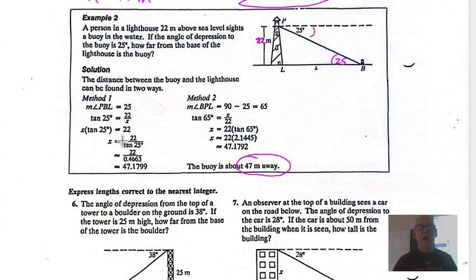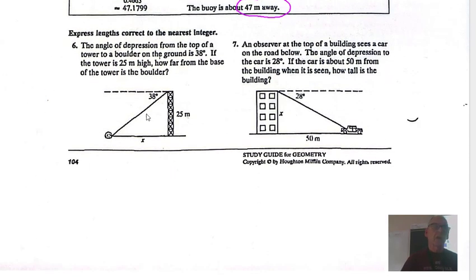You've either got x in the bottom, like with this one, where you multiply by x and then divide by tan 25, or you've got x in the top, which means you just take the bottom number and multiply by the other side, and you get the answer right away. So if x is in the bottom, it's 2 steps. If x is in the top, it's 1 step. But they're all really the same. Every one of these problems is one of those two basic types. But sine, cosine, tangent depends on the pattern that the sides are in the triangle.